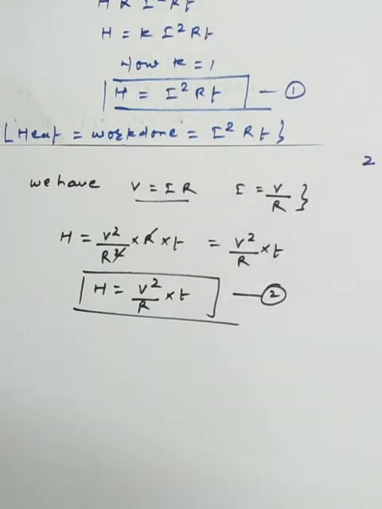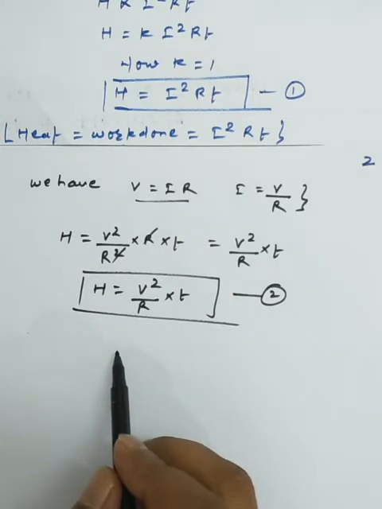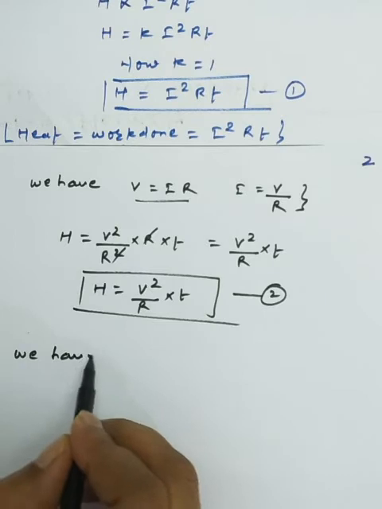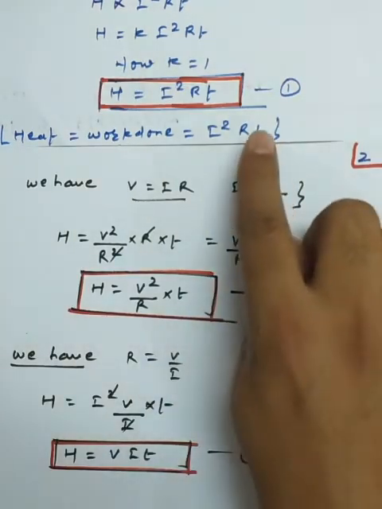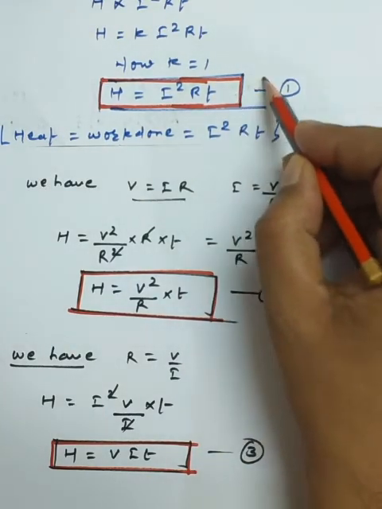If potential is given, resistance is given, and the time for which current flows is given, we can measure the heat. Now we are making the substitution of R. Now we should pay attention to the three basic formulas. First, H is equal to I square RT.